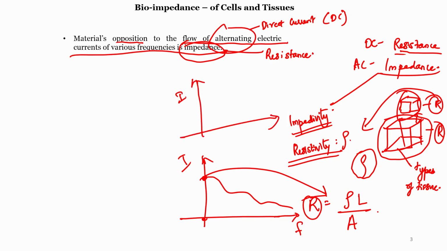So the impedivity for a purely resistive component will be a straight line, it does not depend on frequency, it has a constant value which is equal to the resistance or resistivity, depending on whether you are plotting impedance or impedivity here. Okay. So that is about resistivity and resistance.